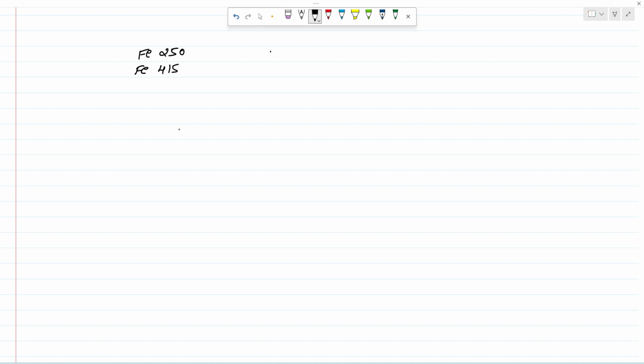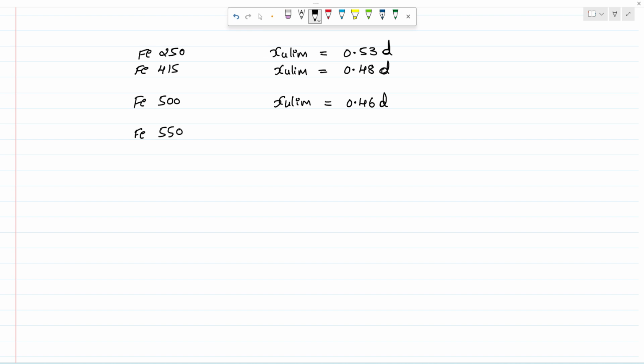For Fe 250, so XU limit will be 0.53 times D. For Fe 415, XU limit equals 0.48 times D. For Fe 500, so XU limit will be 0.46 times D. For Fe 550, so maximum depth of neutral axis is 0.44 times D. For Fe 600, XU limit will be 0.43 times D.